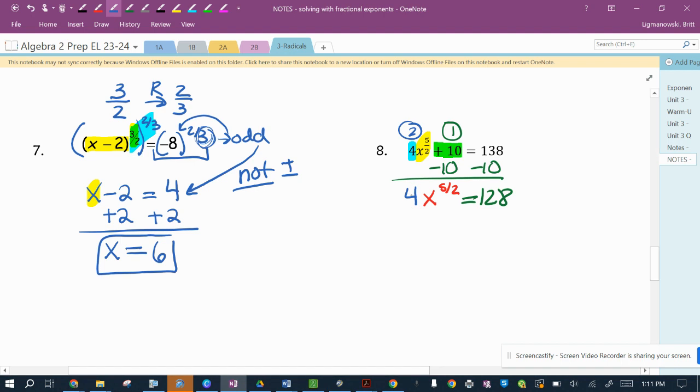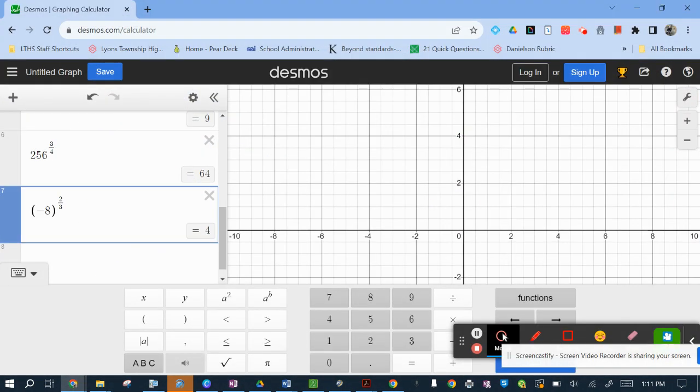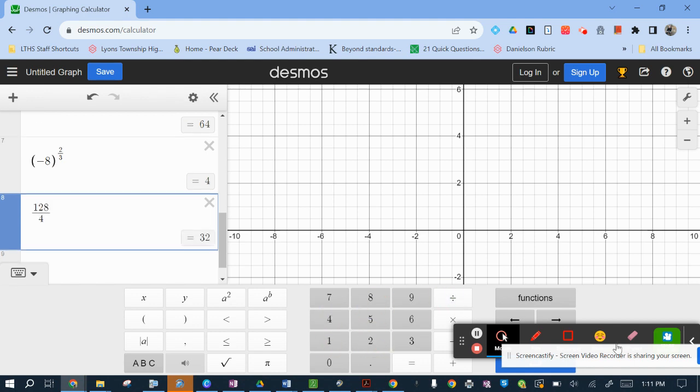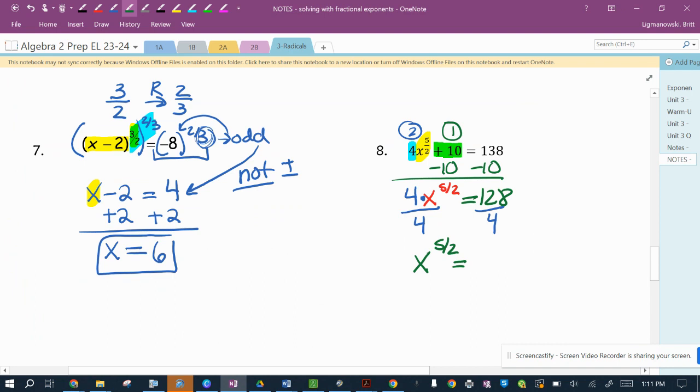And then since this 4 is multiplicar to the x, or cuatro multiplicar x, we're going to divide by cuatro. And we're going to get 32.